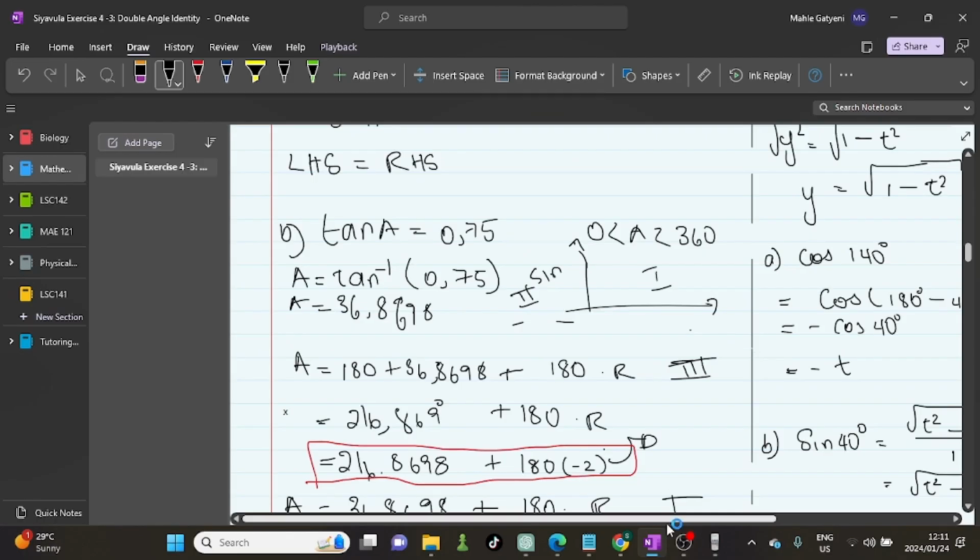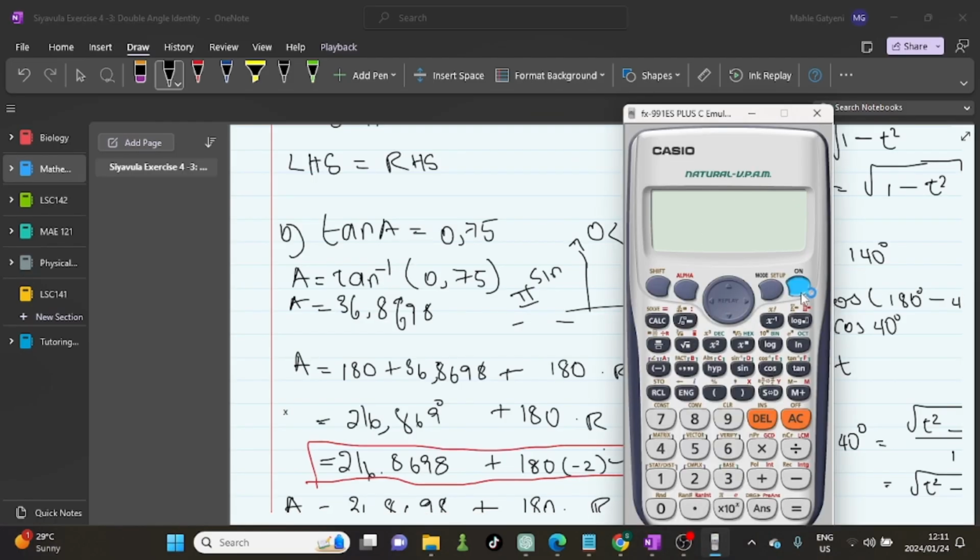So let's try to do calculator. The 36,8698 plus minus 90 degrees. Xa sifake u-minus half izaba ngubani? Izaba minus bani? Izaba minus 53, which is wrong because it needs to be positive answer yethu.